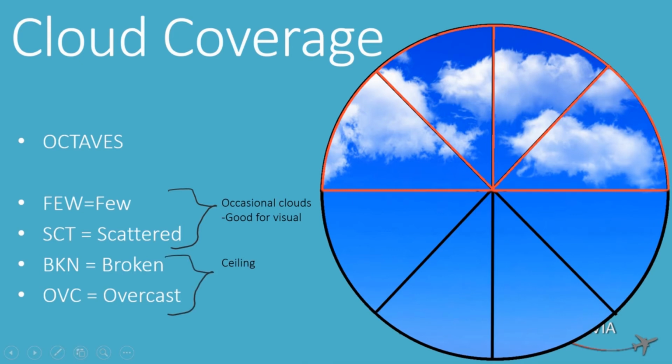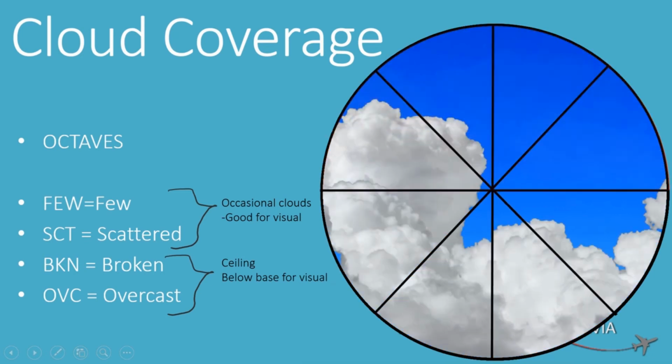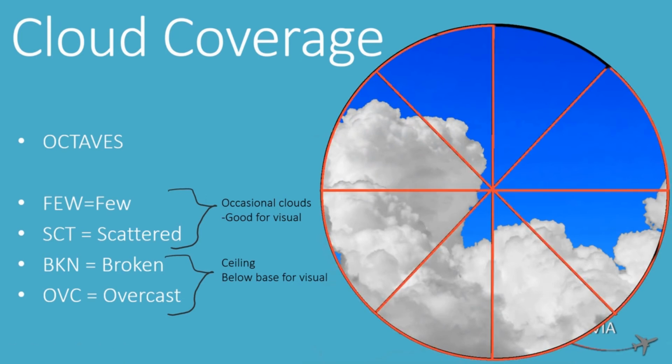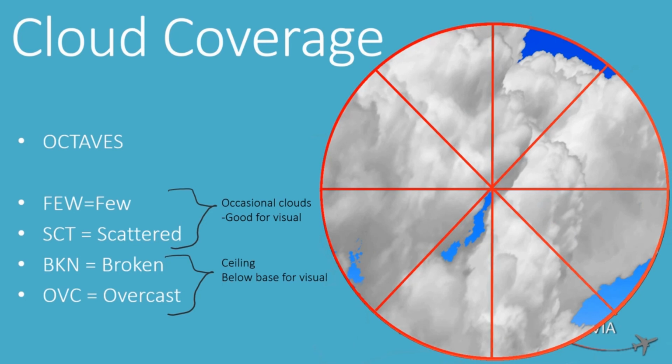The other 2 are called ceilings, which means you have to be below the cloud base in order to do a visual approach. Now the next one is broken clouds, when between 5 and 7 parts of the sky are being covered by clouds. Now the last one is of course 8 out of 8, which is a complete ceiling, and this is called overcast.